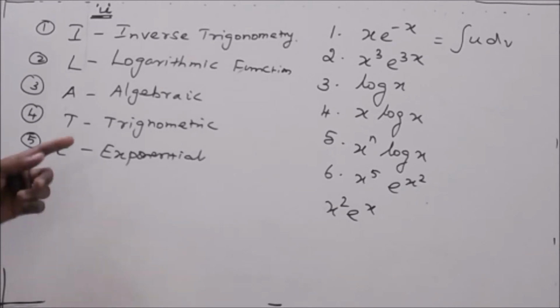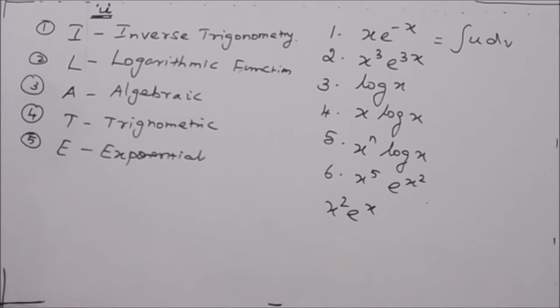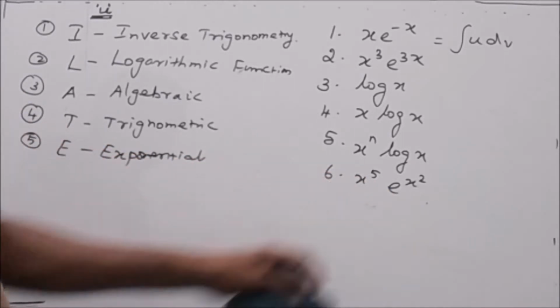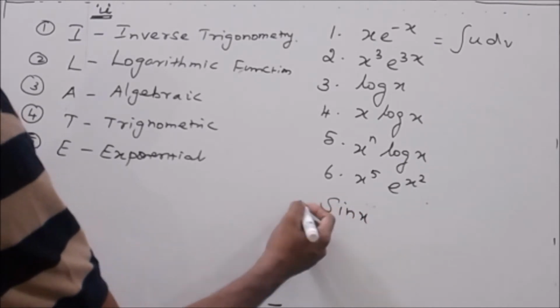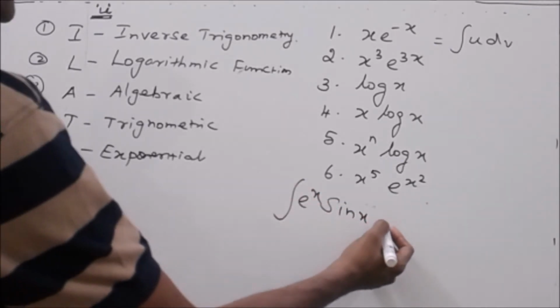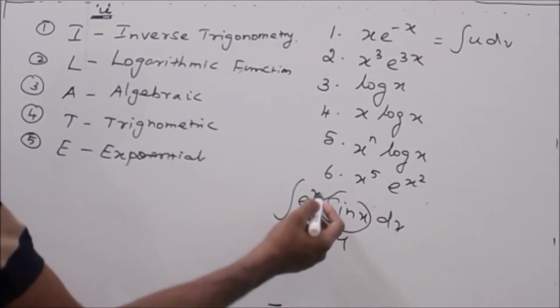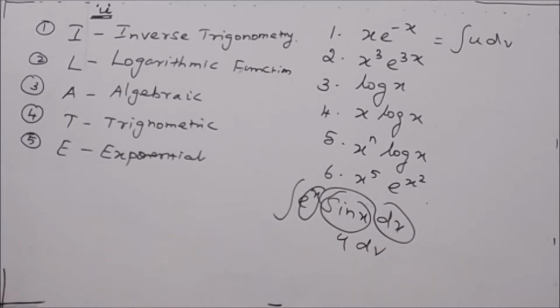Next, trigonometric functions means any of sin x, cos x, like that. For example, integral e power x sin x dx: in this problem, choose sin x as u and take the remaining as dv. That is the u dv format. And the last priority is given to the exponential function.